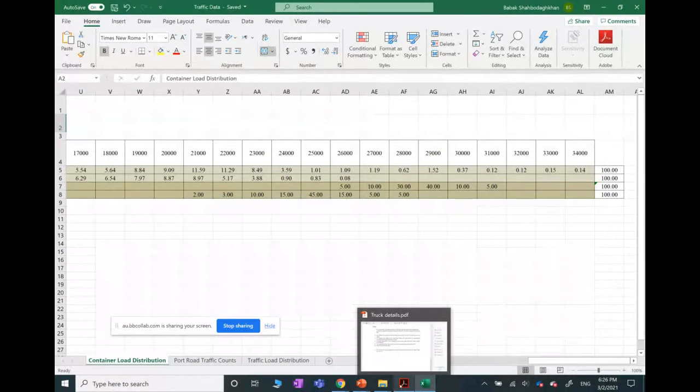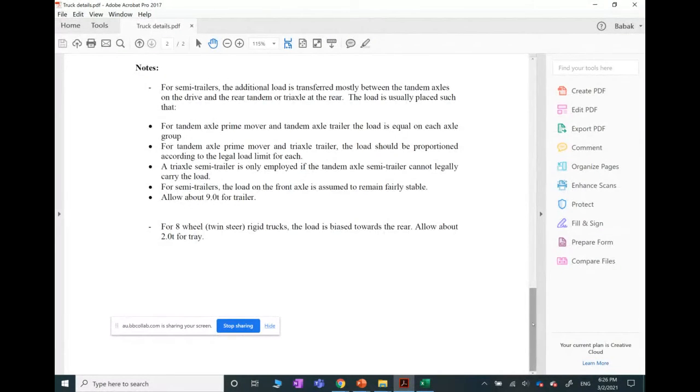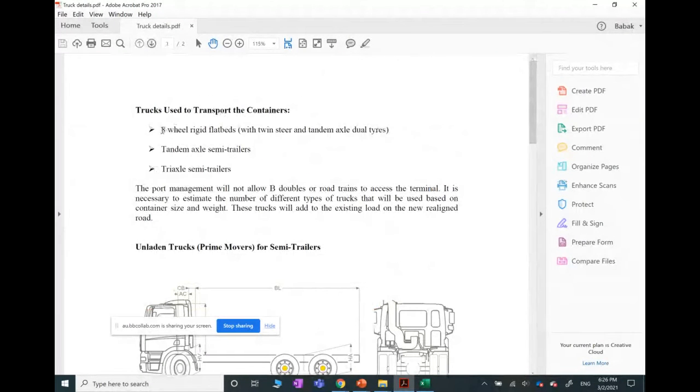I also provided you with the details about the type of trucks which are going to carry and transport these containers. We are going to use 3 different types of trucks. One is 8-wheel rigid flatbeds with twin steer and tandem axle dual tires.